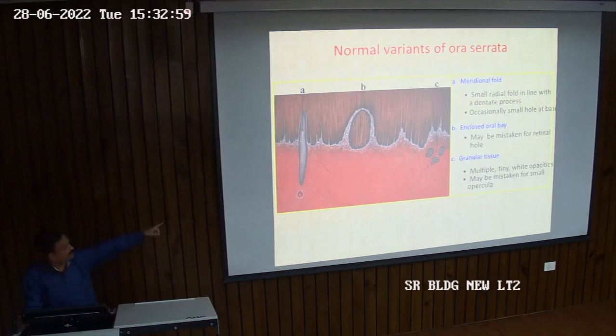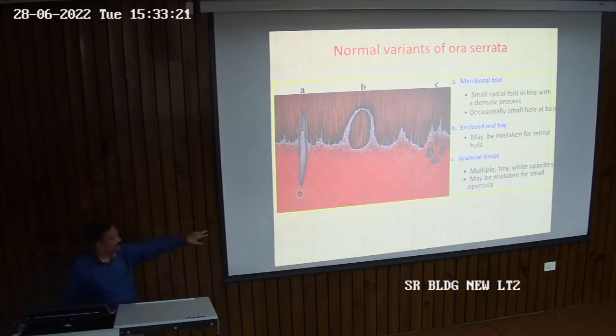An oral bay is this enclosed area, where the central area is showing the choroid and the rest is retinal tissue. So it looks as if there is a circumscribed area which can be confused with a retinal hole or a retinal break. But this is something different, which is a normal variation.